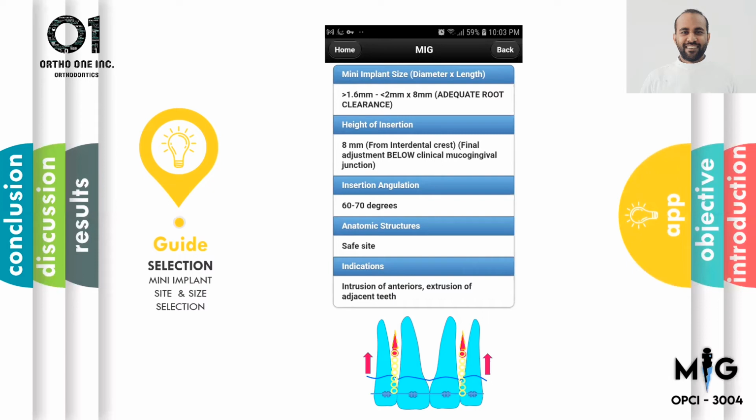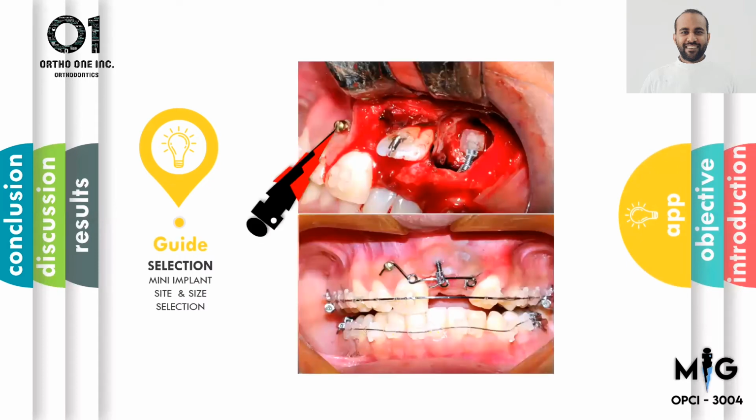Apart from that, the basic indications for placing a screw between the central and the lateral incisor were also highlighted. So based on the recommendation, I used a 1.6 millimeter screw with an 8 millimeter length, and I placed it and started the case.